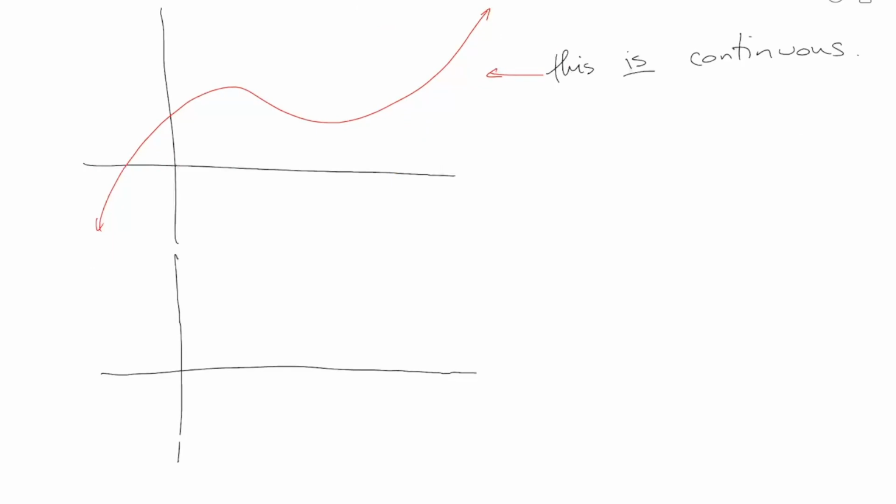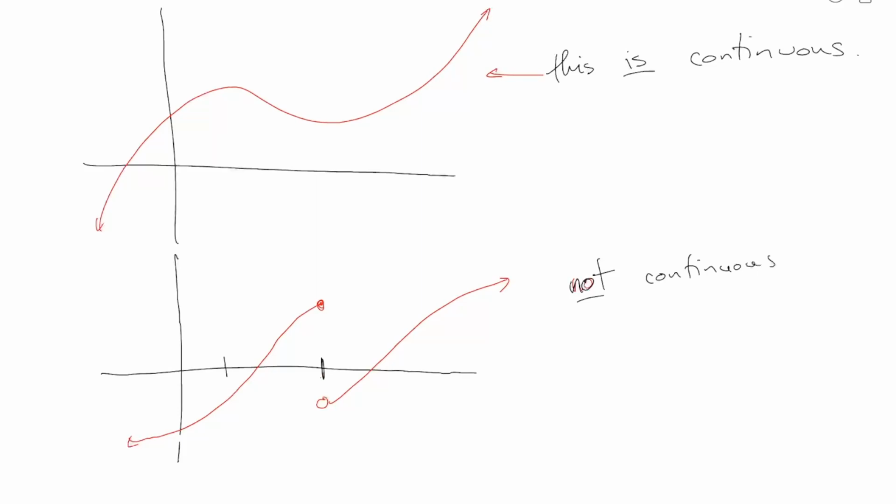Something that's not continuous would be one of these guys, if it has this kind of thing, right? That's not continuous because of that spot where it breaks in half, right? This is a curve which has a break in it. That means it is not continuous, and there's some sort of technical language that we use for that.